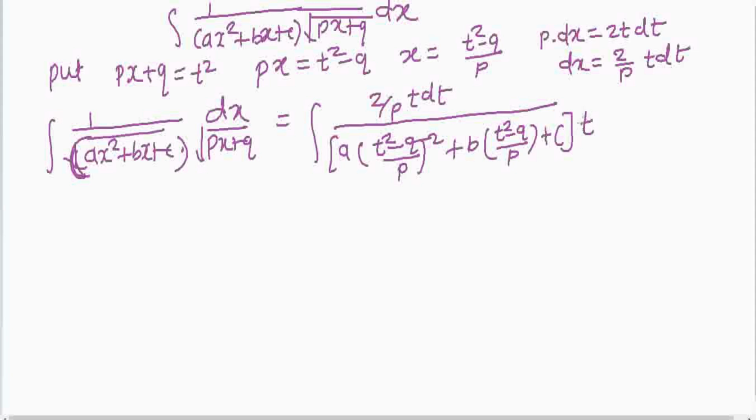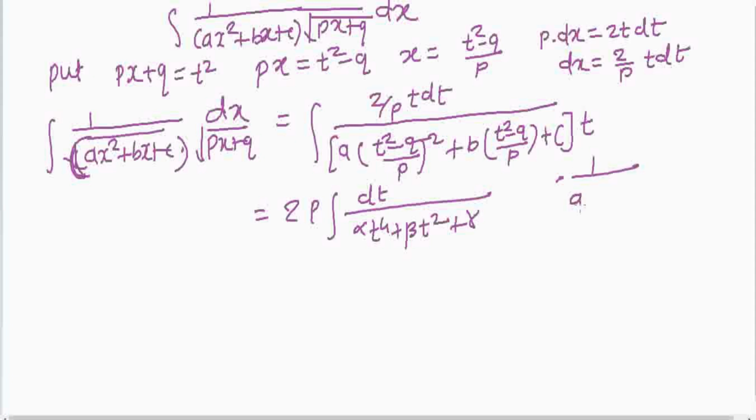Then this will be converted into integration 2p into integration of dt divided by alpha t raised to 4 plus beta t square plus gamma, and we can apply the previous methods of the type 1 divided by ax square plus bx plus c.